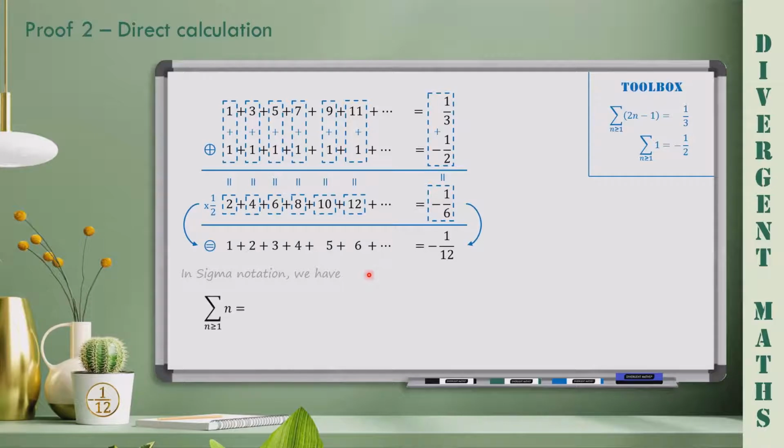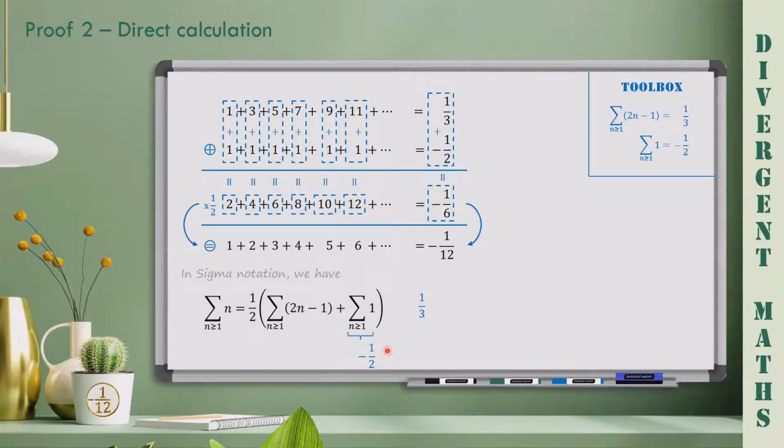So in sigma notation, we have the sum from n equals 1 to infinity of n, the natural numbers, is equal to 1/2 of the sum from n equals 1 to infinity of 2n minus 1, that's the odd numbers, plus the sum from n equals 1 to infinity of the constant 1, 1 plus 1 plus 1, etc. So the first part is 1/3, we've seen it.